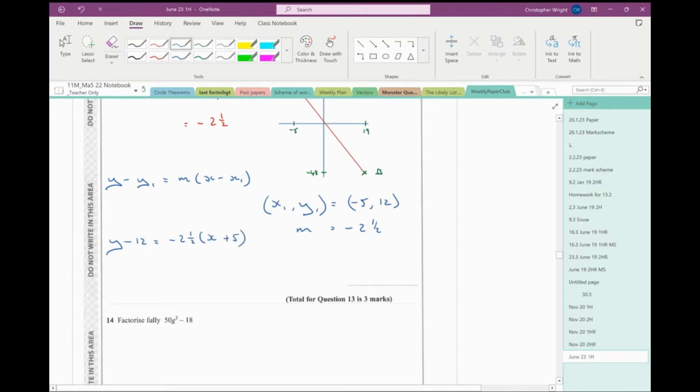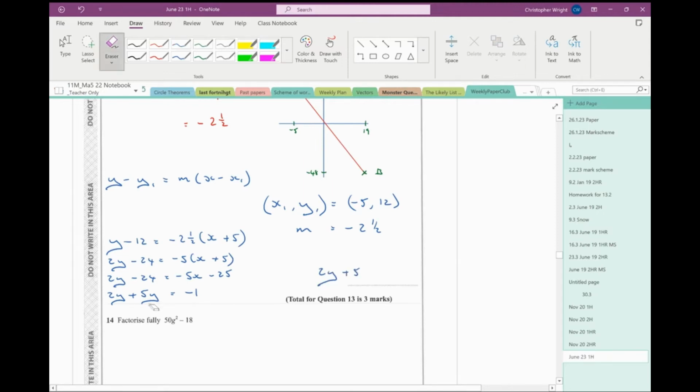I'm going to double both sides, which gives me 2y minus 24 equals minus 5 lots of x plus 5. 2y minus 24 equals minus 5x minus 25. Add 5x to both sides, 2y plus 5x, and add 24 to both sides, minus 25 add 24 is minus 1.